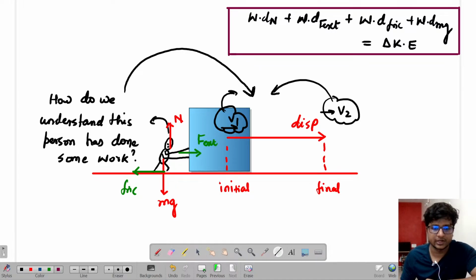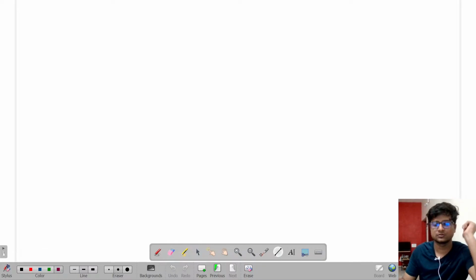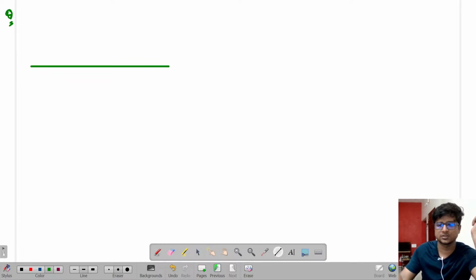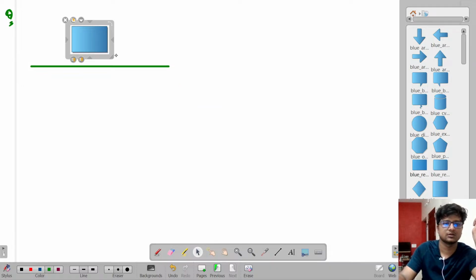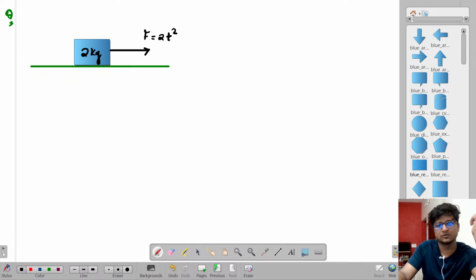Okay. So look over here. Let me try another question. Let's suppose on a smooth surface, a block of mass 2 kg is placed, and I apply a force F is equal to 2t square, a time dependent force.